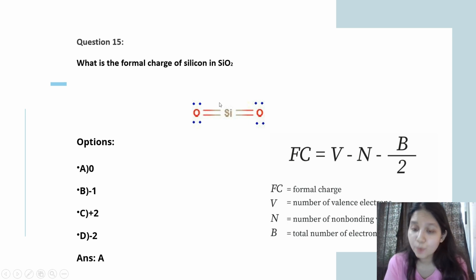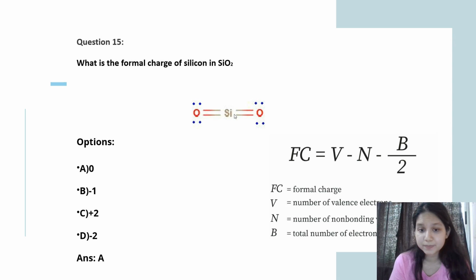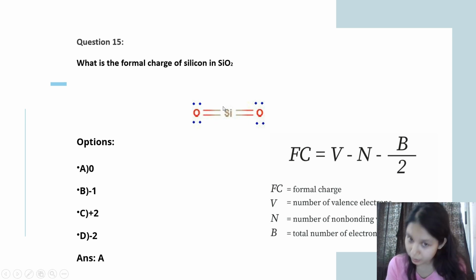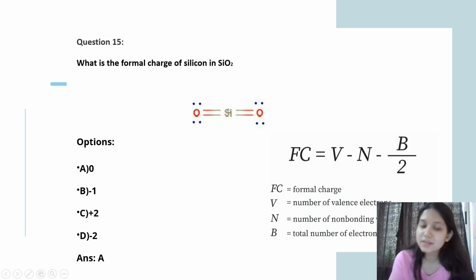So it will be 4 minus 0 minus the number of bonds formed by the central atom. You have to count all the sigma and pi bonds also. So as the formula goes, 4 minus 0 minus 4, as it is forming 4 bonds, the answer will be 0. Is it clear?